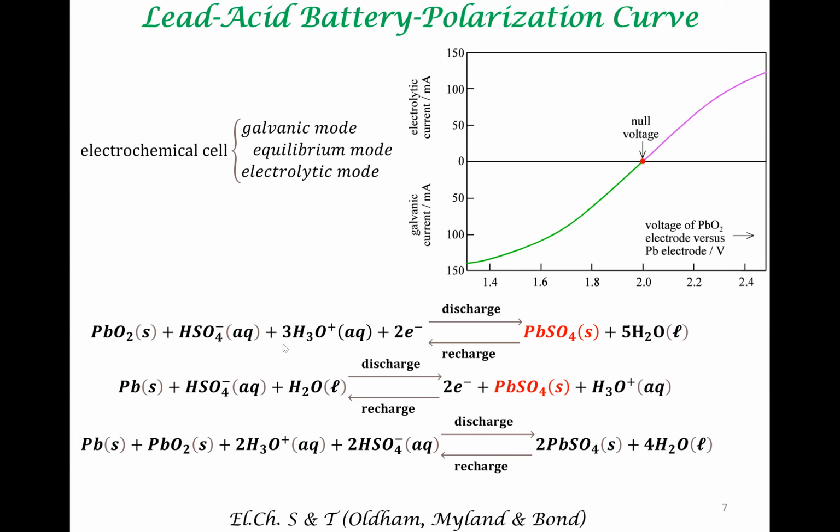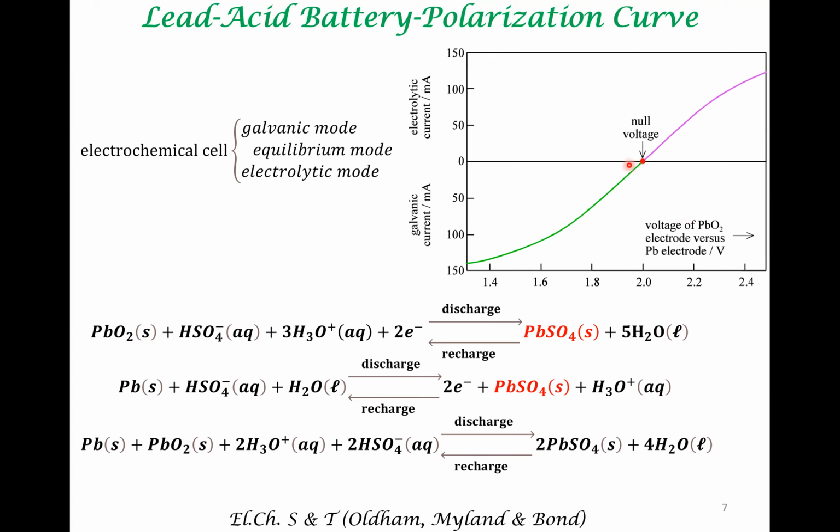So this is also discussed in what is called a polarization curve. You have a null voltage, which in this case is 2.01 or so. You can drive the reaction using external electrical energy. When you apply more than 2.01, you still have electrolytic current.